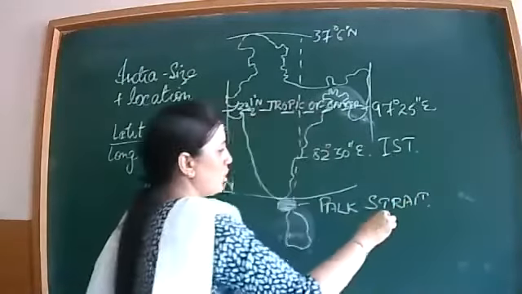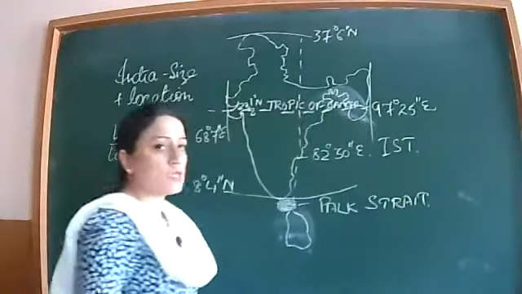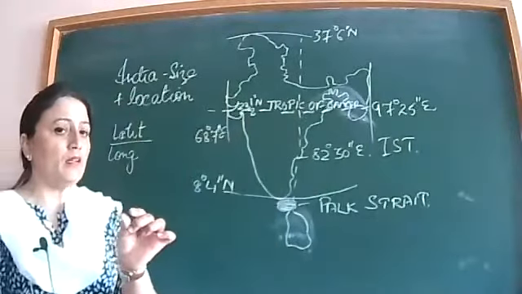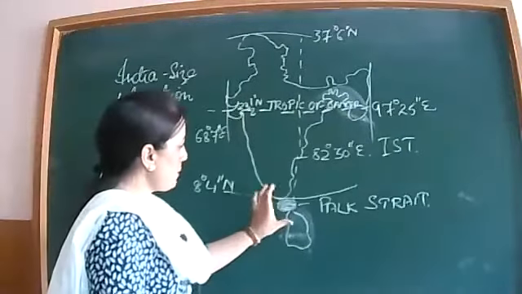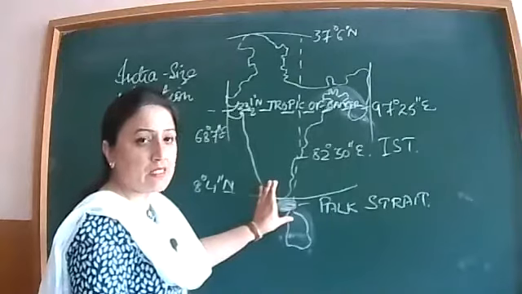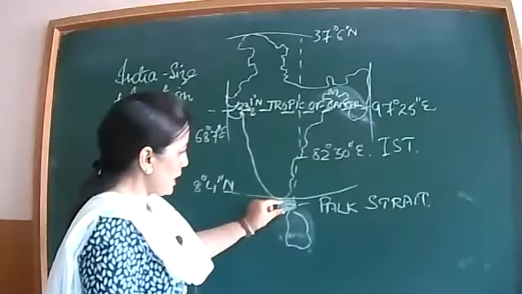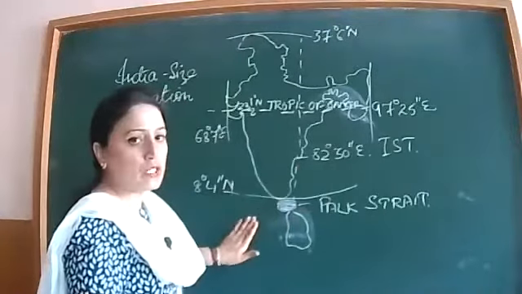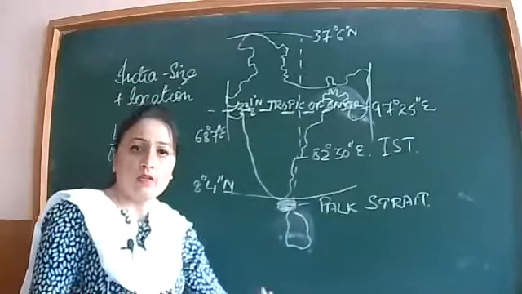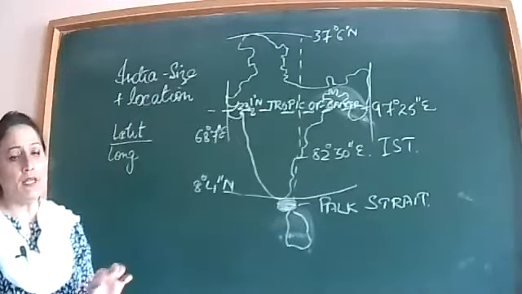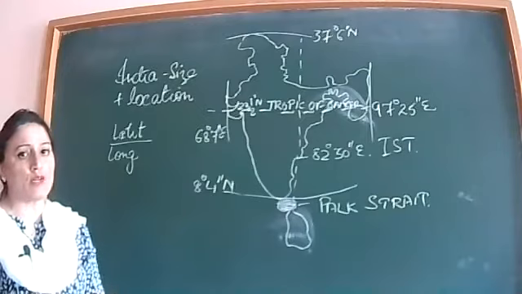We have done the meaning of strait when we discussed the chapter. A strait is a narrow water channel which separates two large land masses, or a narrow water channel which joins two large water bodies. So between India and Sri Lanka, we have Palk Strait.